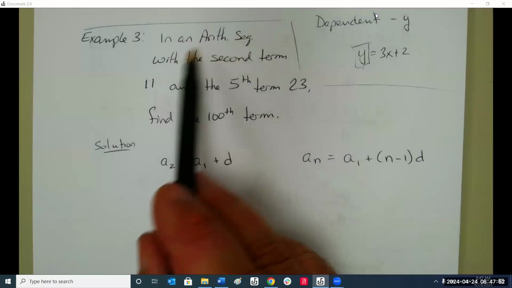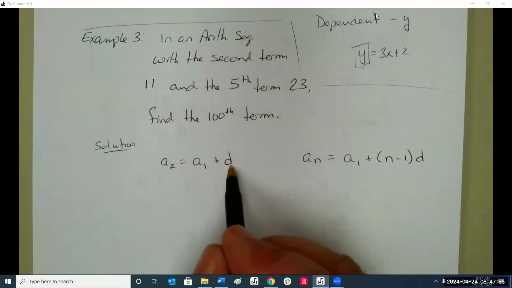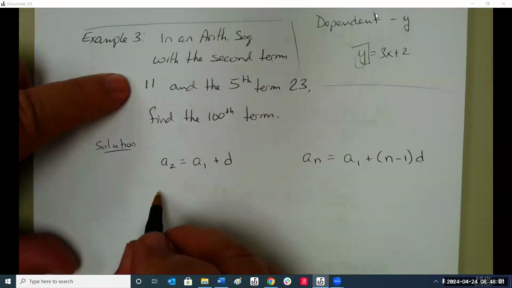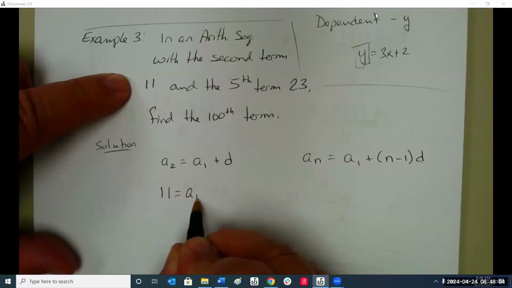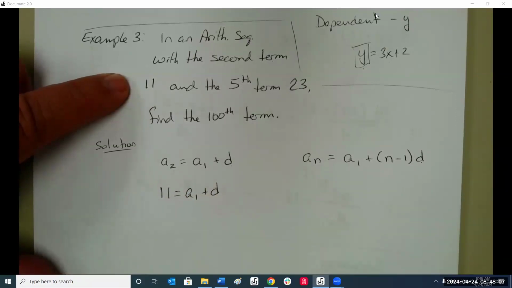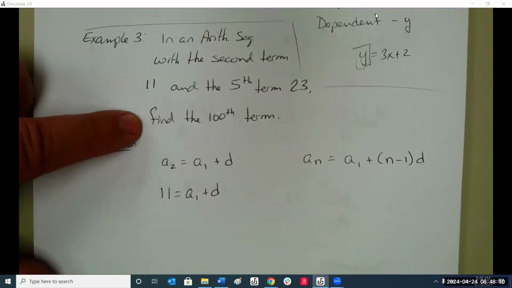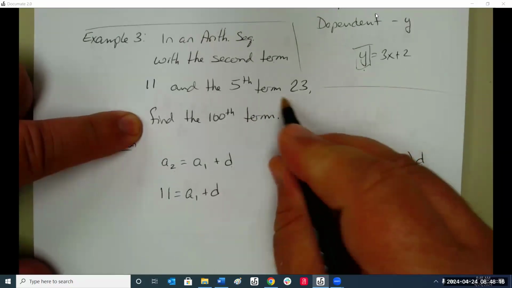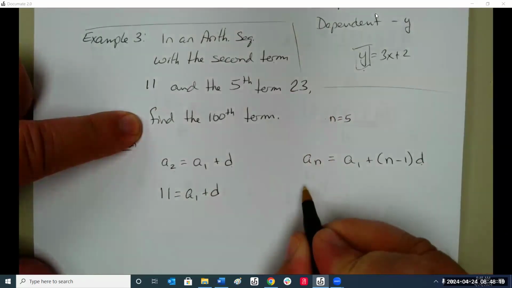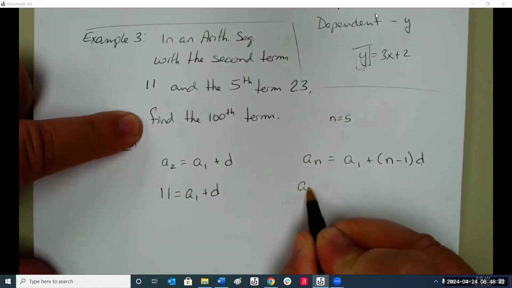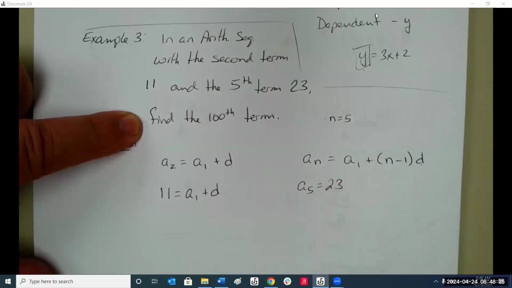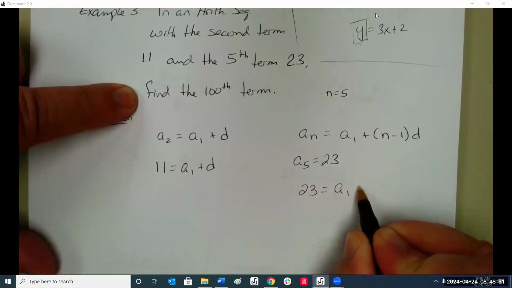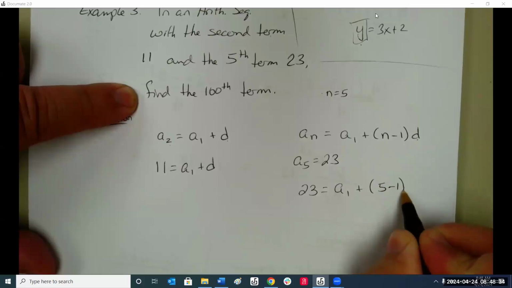The question says, in an arithmetic sequence, that means we have a common difference. The d's are the same. If the second term, a2, equals 11, and the fifth term is 23, so here n is 5. So a sub 5 is 23. So we have 23 is equal to a sub 1 plus 5 minus 1 times d.